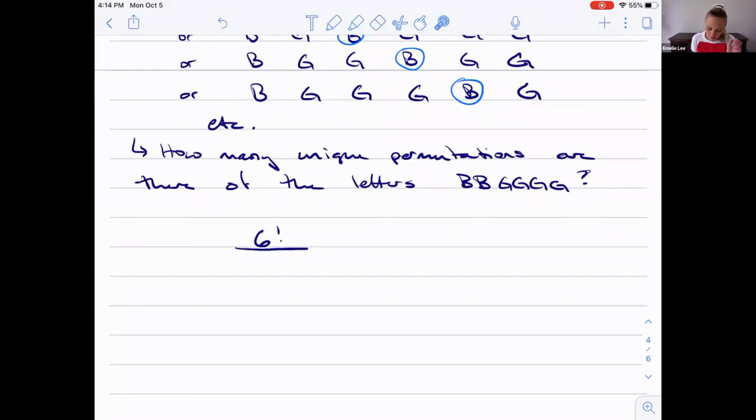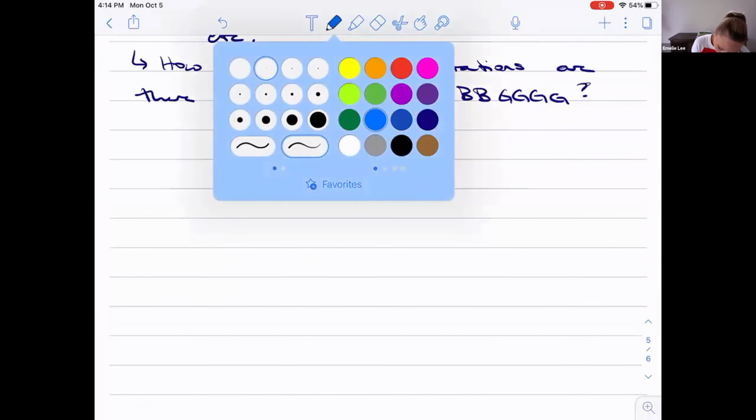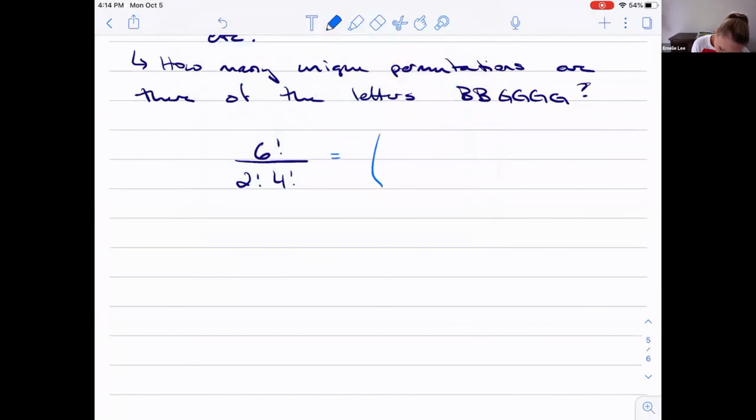You've got 2 B's and 4 G's, so you've got 2 factorial times 4 factorial. Another way we can write this is 6 choose 2, 4. It's kind of that choose function.